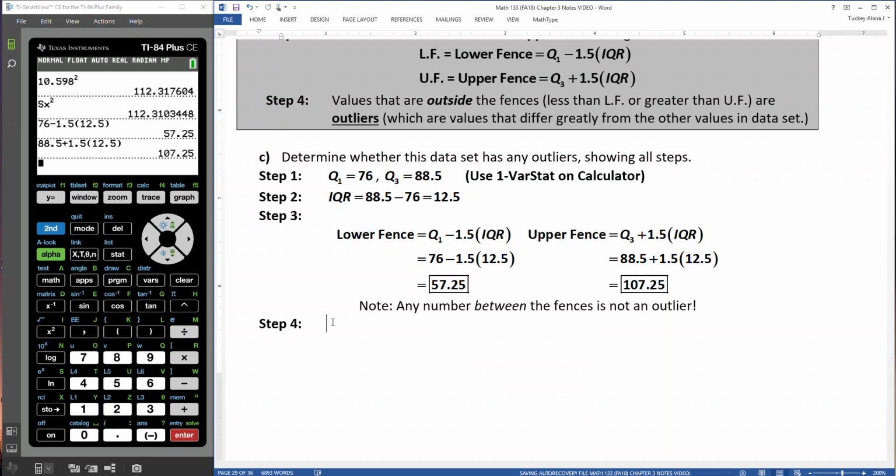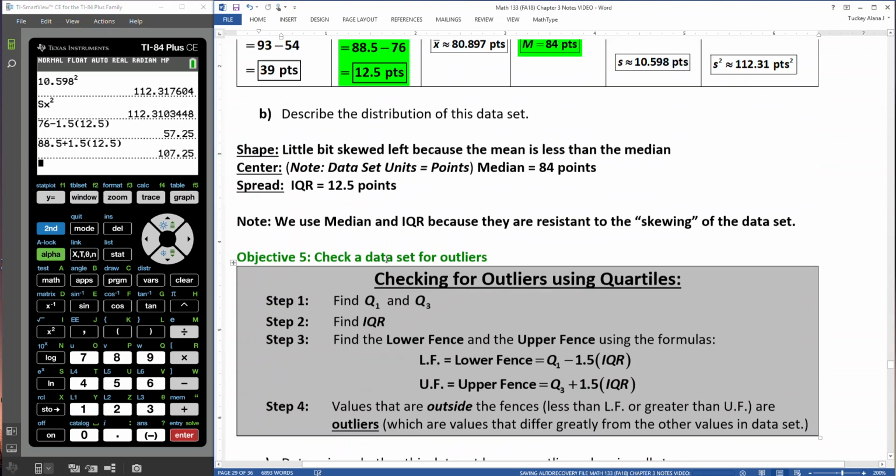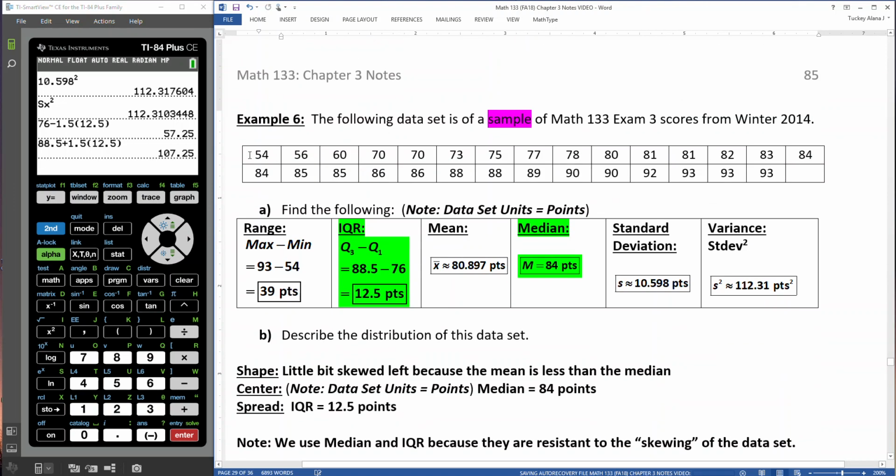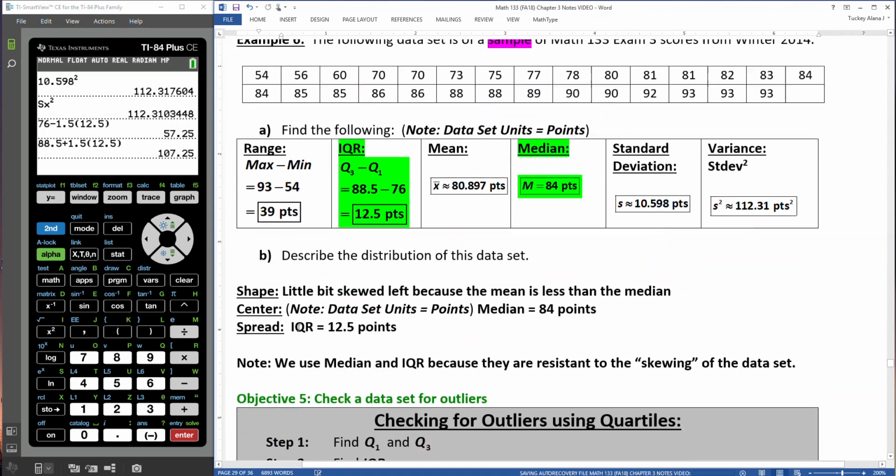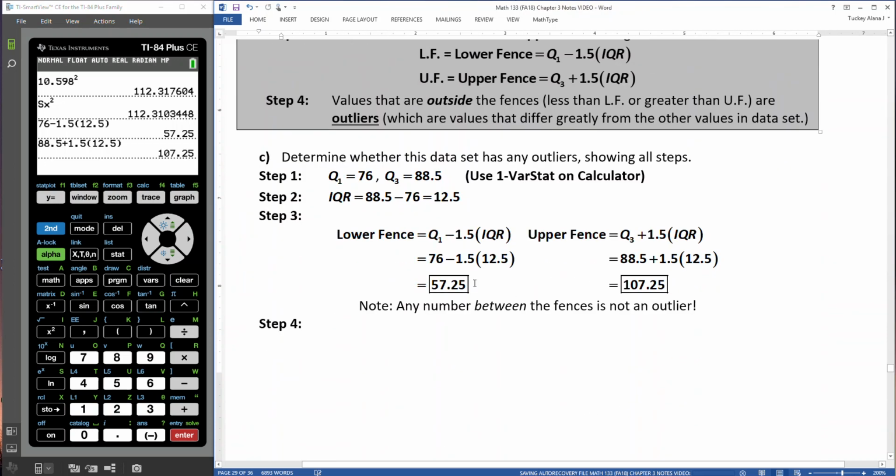So if we look at our data set, we actually have 2 numbers that are outliers, and it's 54 and 56. They're below the lower fence of 57. We don't have any outliers on the high side because we had no values that were above 107. Matter of fact, 93 was our highest value.